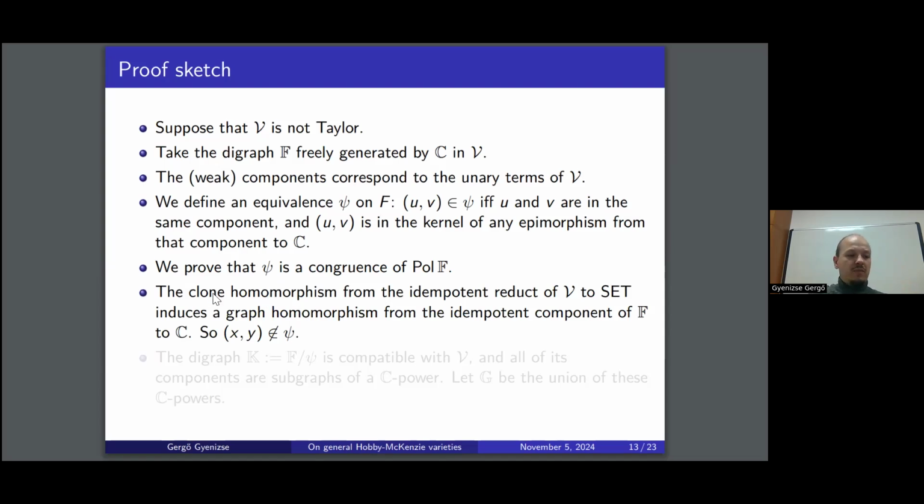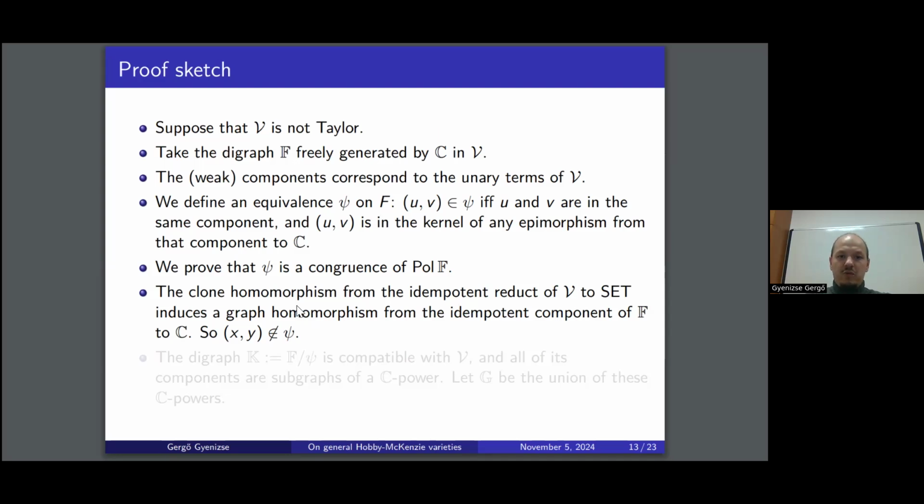This clone homomorphism will map any idempotent ternary term to a projection, either X, Y, or Z. And we can look at this as: an idempotent ternary term is an element of the identity component of F, and we are mapping it to either X, Y, or Z, which are ternary terms, the projections.